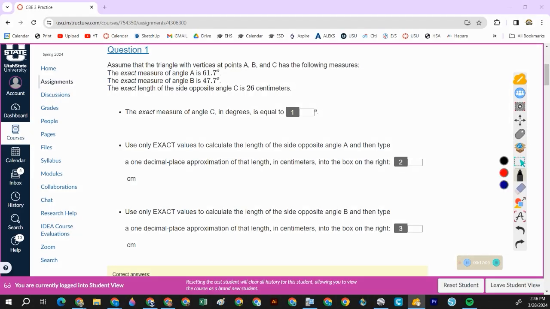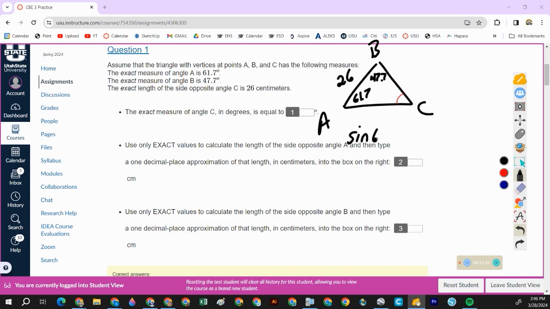So every time we draw the same triangle, A, B, C, A is 61.7, B is 47.7, and side C is 26 centimeters, and it wants to know angle C. So this is angle side angle, so we'll use the law of sines.